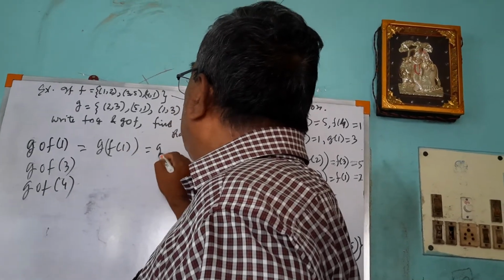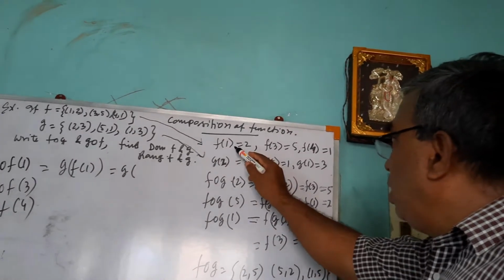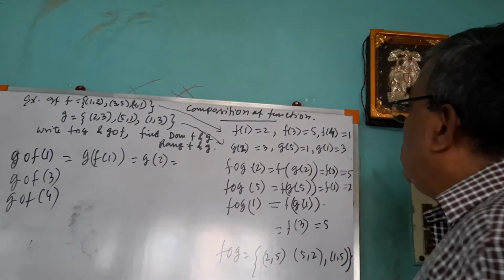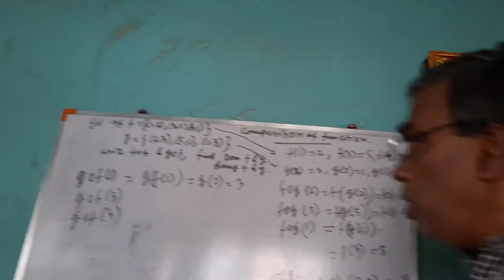G of F1 means G of, what is F1 value? F1 value is 2. So what is G2 now? G2 is 3. So this is 3.